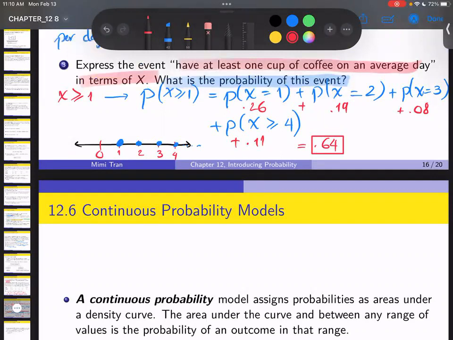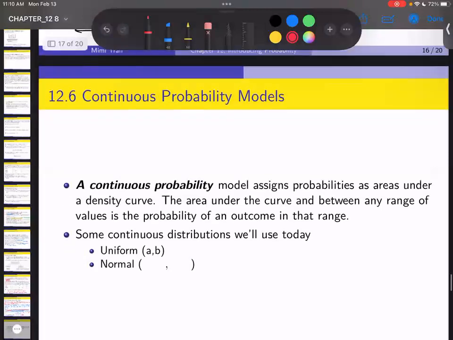I'm going to pick count values. I don't care what's between 0 and 1, between 1 and 2, between 2 and 3. I only care about the countable numbers. Now, continuous probability is different. You're going to scan everything from left to right. It's the model that assigns the probability as area under the density curve. That's why it's continuous. You take everything in that interval.